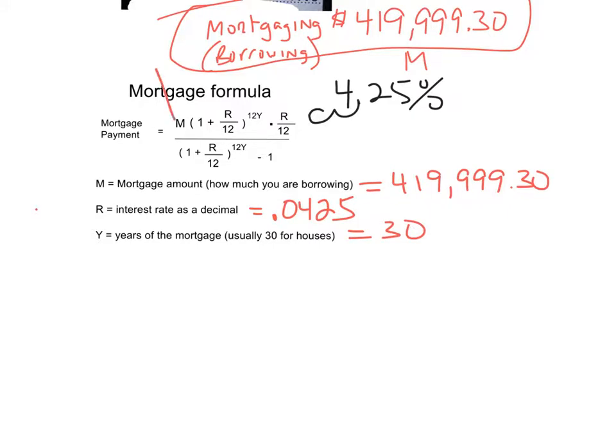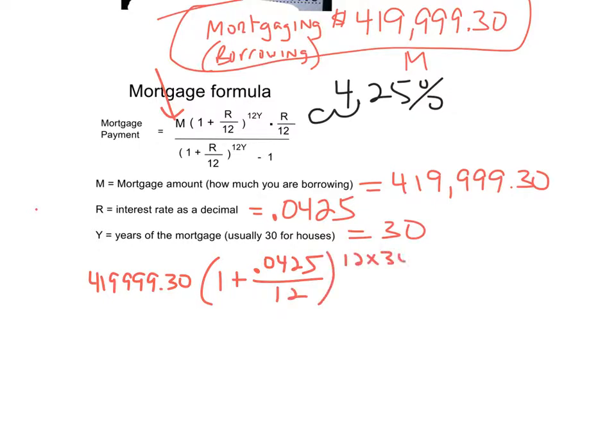So here we have letter M, so that's the 419,999.30. Parentheses 1 plus R over 12. Well, here the interest rate was 0.0425 over 12. Close parentheses, raised to the 12 times Y, 12 times 30th power, times another R over 12, so 0.0425 over 12.